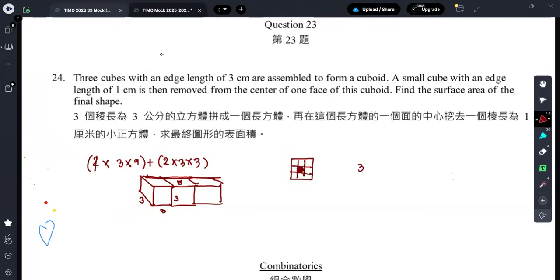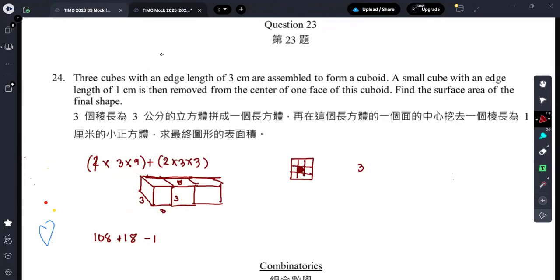That is 4 times 3 times 9, which is 108. Plus 18. Then we subtract the inner part, which is 1. Only 1, no?